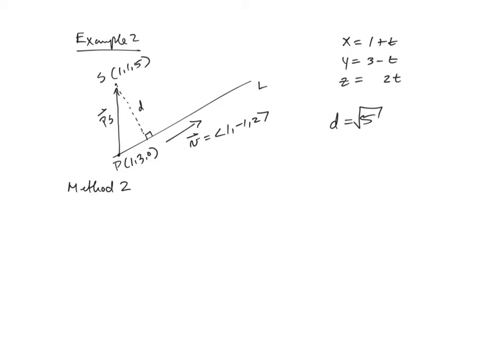Well, instead of projecting onto the line L, what if we project onto a vector that is normal to L, like that? A vector n. So it is normal to this line.